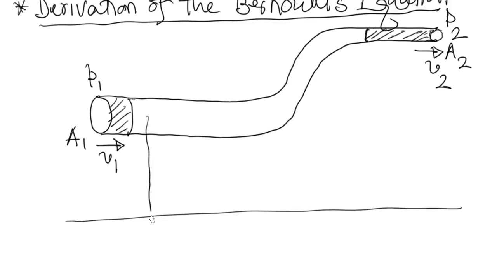This elevation is y1. This is the axis of the tube, and here this is y2.